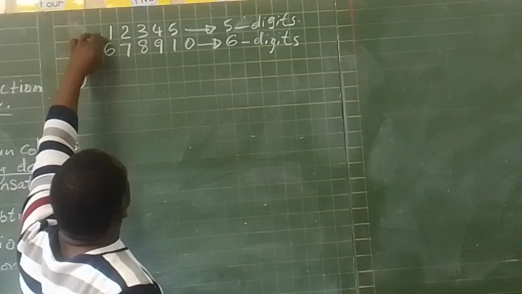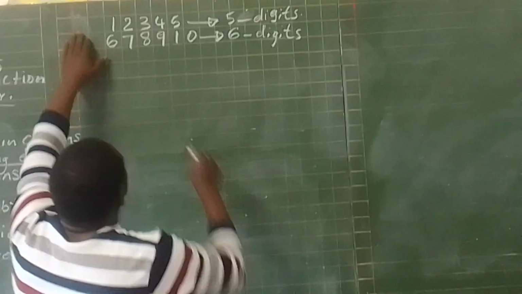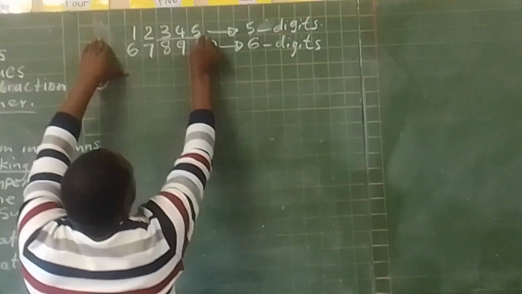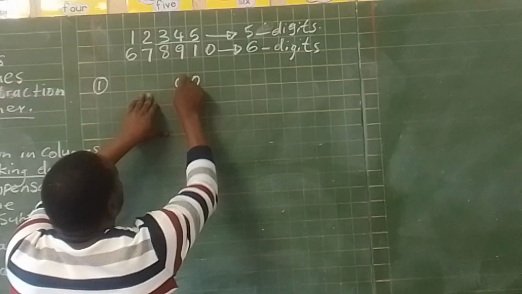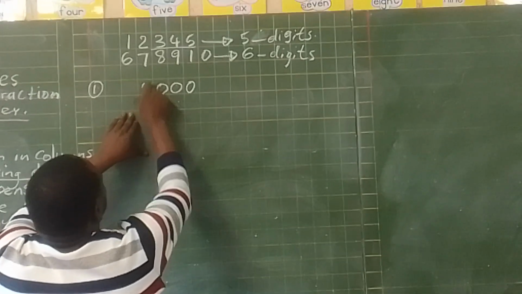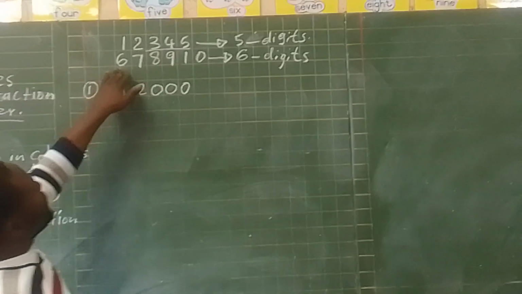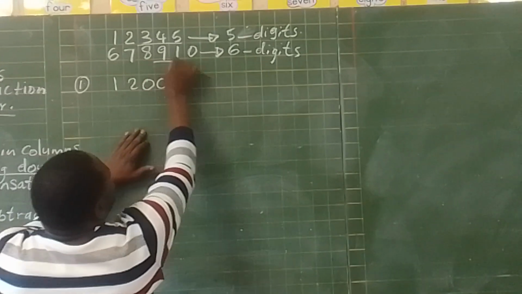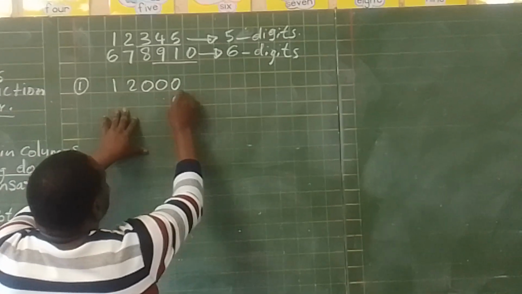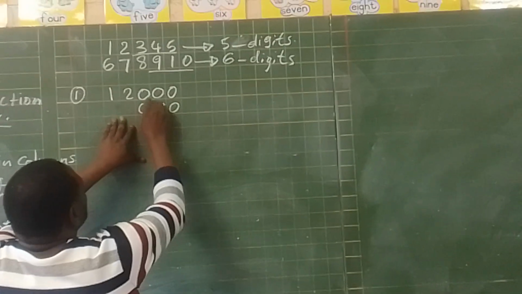When you round to 1,000, you grab the last 3 digits. This is 0, 0, 0, 2, 1. Then you round this to the nearest 1,000 again, you grab the last digits. You say 0, 0, 0.